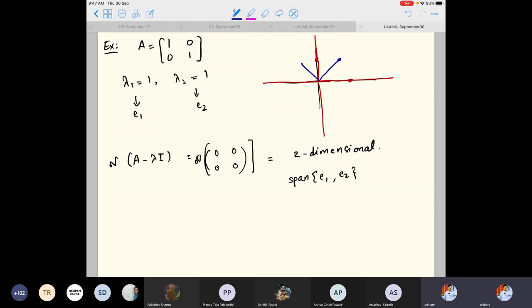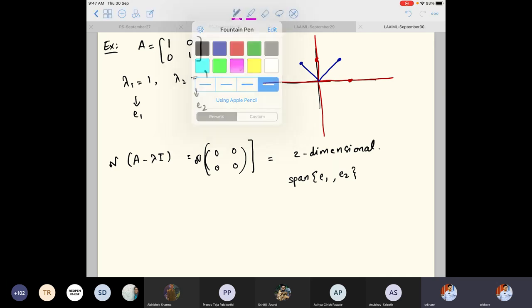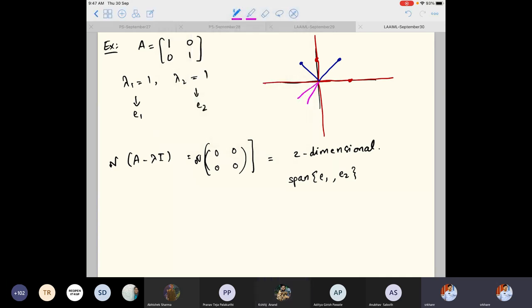So I can choose this also, which is a basis of the entire R2. I chose an orthogonal basis because I wanted one. If I decide not to choose an orthogonal basis, then I could have chosen these two vectors also, which are also a basis. So basically any non-zero vector you pick in R2 will be an eigenvector.